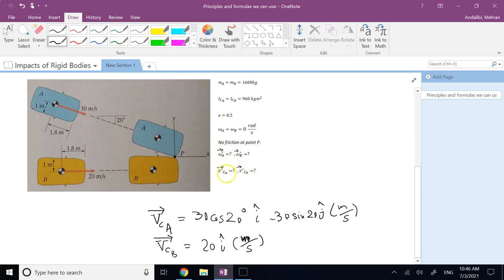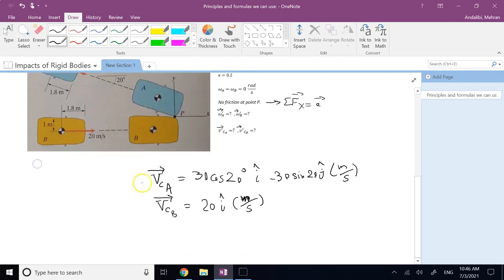Their x components should be the same as the x components of the same thing before impact, because there is no x force. So it means the sum of the x forces is equal to 0 for each one of the objects.